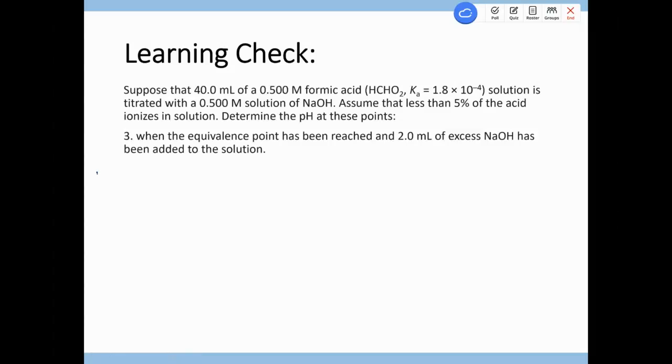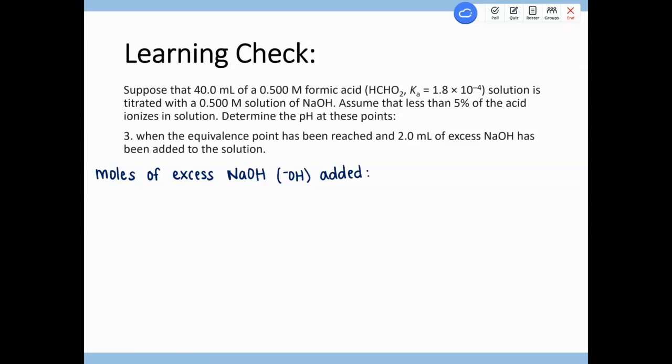So we need the moles of excess NaOH added, and really what we care about is the OH minus ions.